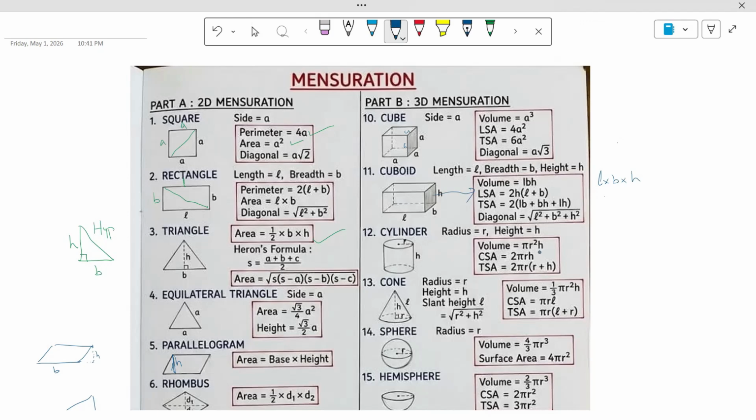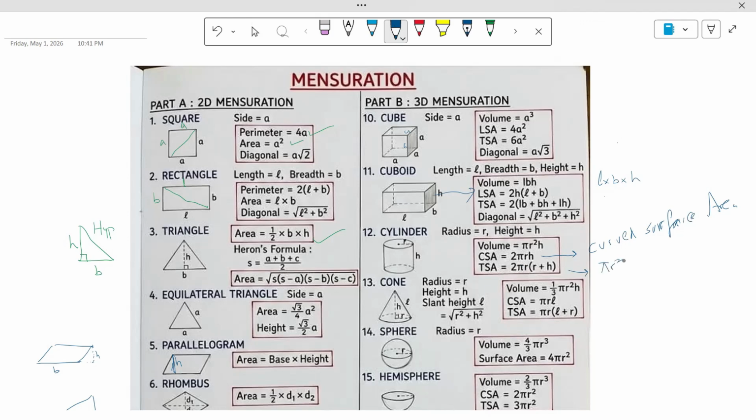Now, here CSA means curved surface area. TSA means total surface area. Total surface area can also be written in this format.